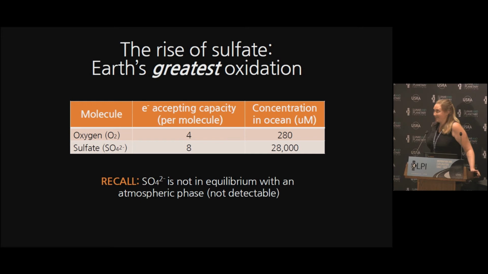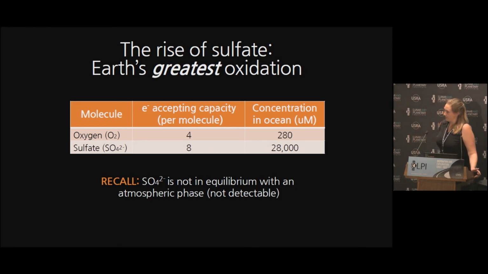So oxygen gets a lot of press because it is the electron acceptor of complex life for energetic reasons. But it's not actually the dominant oxidant at Earth's surface today; that title goes to sulfate.